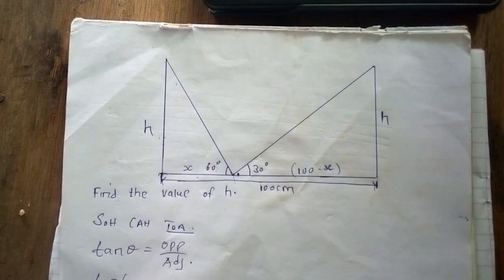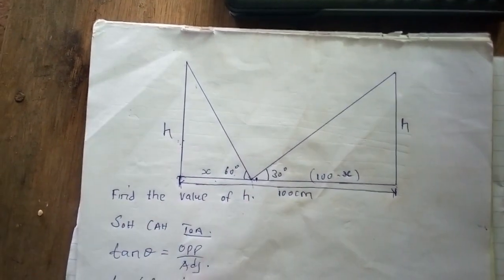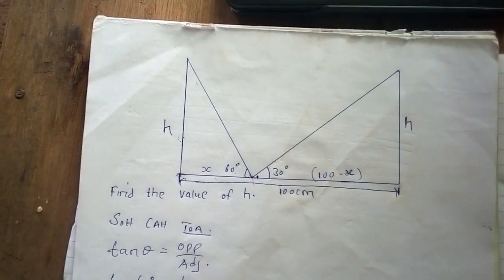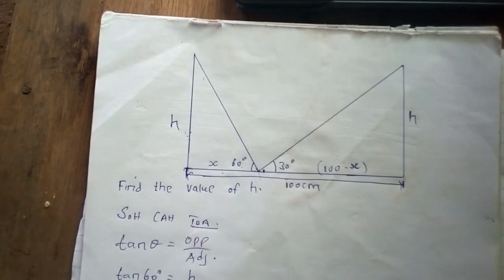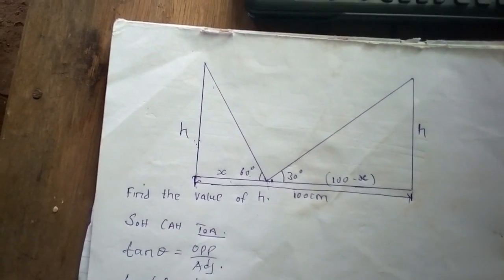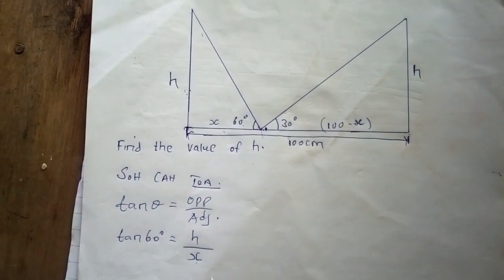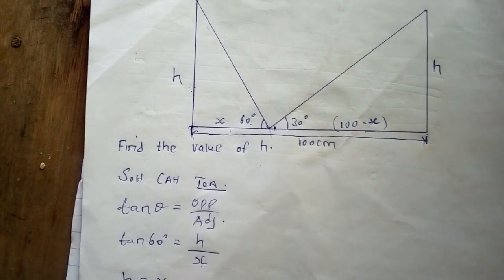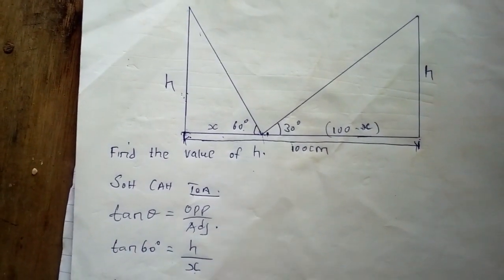So tan 60 degrees is equal to the opposite side, the height, divided by the adjacent side, x. We cross multiply, so we multiply both sides by x. So we have h is equal to x times tan 60 degrees.